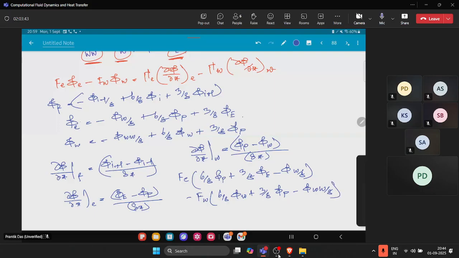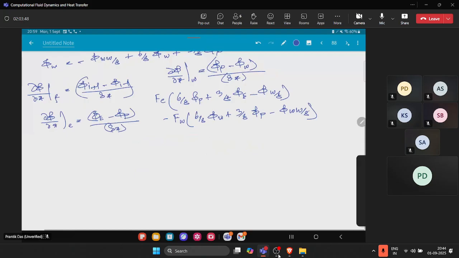This is equal to dE (phi E minus phi P) minus dW (phi P minus phi W). So this is equal to phi P times (6 by 8 Fe minus 3 by 8 Fw plus dE plus dW).